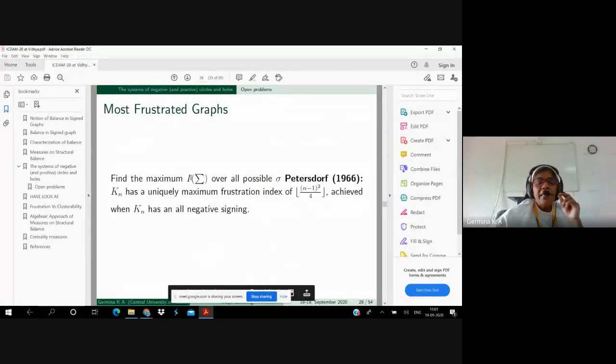To find the maximum L of sigma over all possible sigma, that is, switching classes, Kn has a uniquely maximum frustration index of floor of ((n-1)/2) whole squared over 4, achieved when Kn has an all-negative signing.